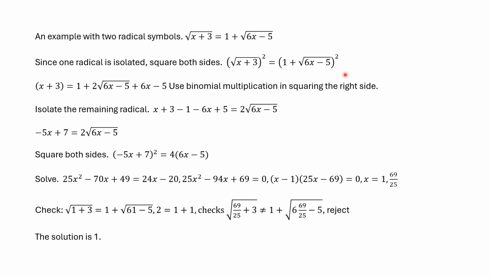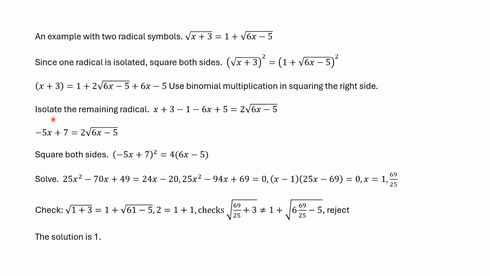I'll have this expression times itself. 1 times 1 is 1. 1 times the square root of 6x minus 5 plus 1 times the square root of 6x minus 5 is 2 times the square root of 6x minus 5. And the square root of 6x minus 5 times itself is 6x minus 5.